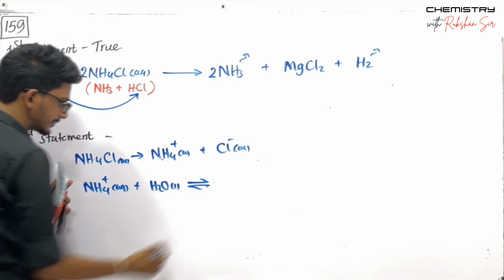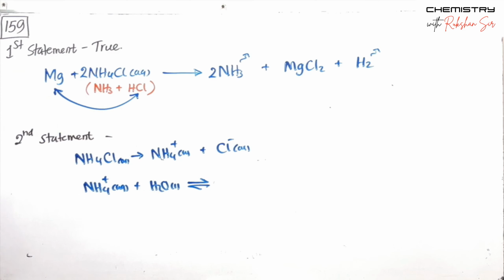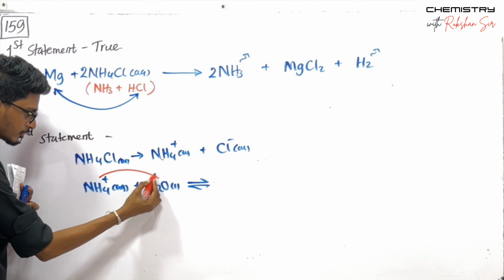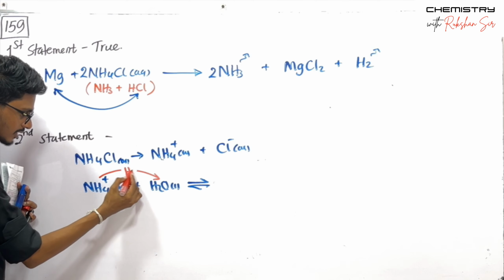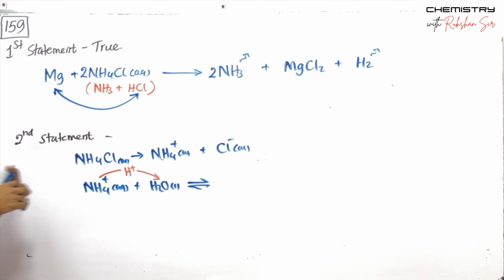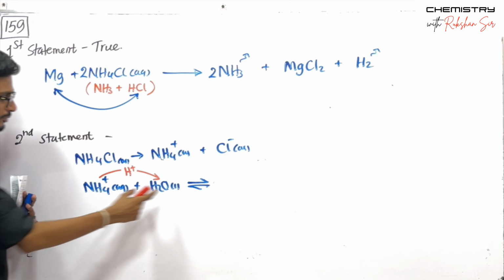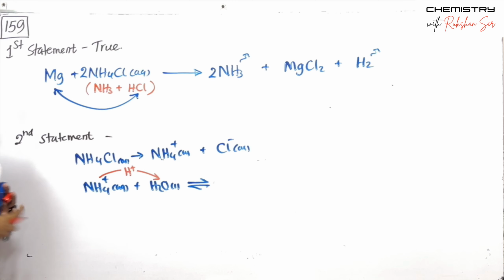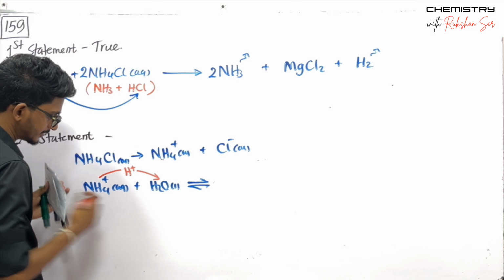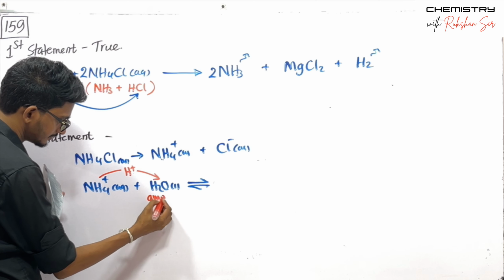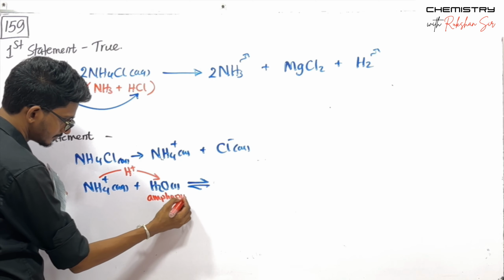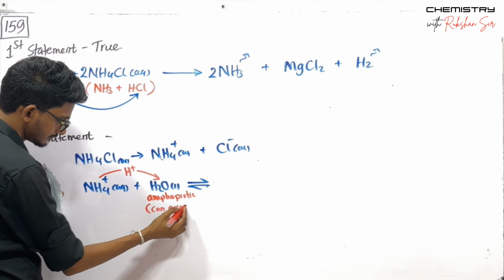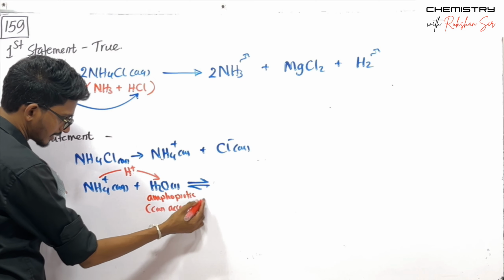To produce what? Basically, what happens here? One of the H from here travels to here. So we know water is referred to as an amphiprotic species, so it can accept H+, right?